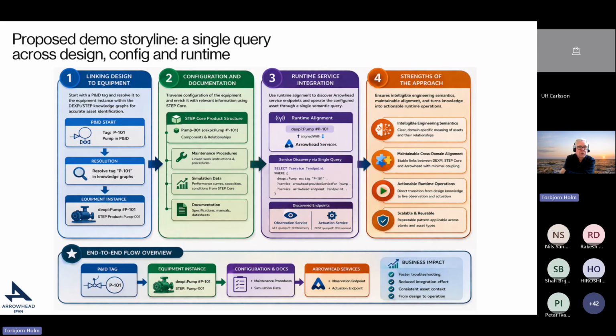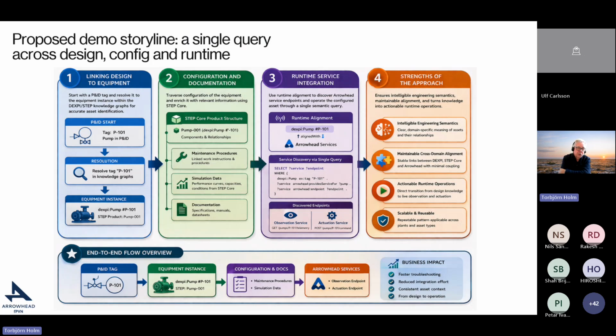We can also do configuration and documentation evaluation. We can look for maintenance procedures. In STEP, they are not documents. They are work instructions and procedures. We can do simulations in cooperation with the company Semantic and Finnish VTT and so on, we can do simulation and keep the simulated behavior close to the STEP core, so we can have that at hand when something happens.